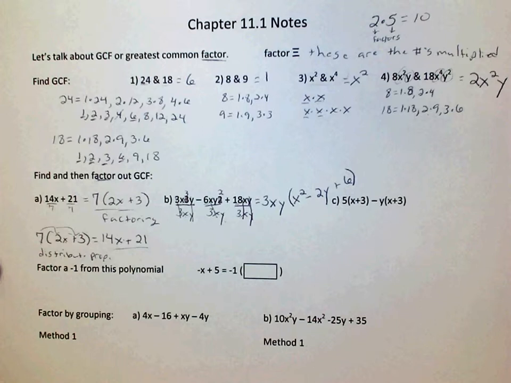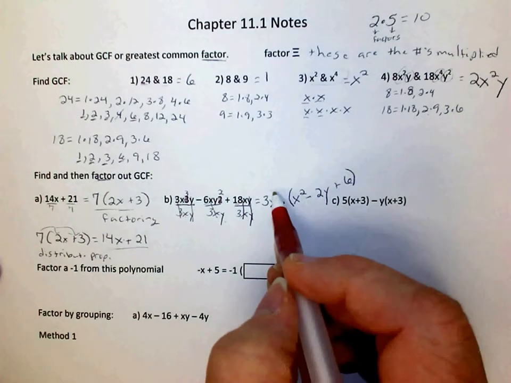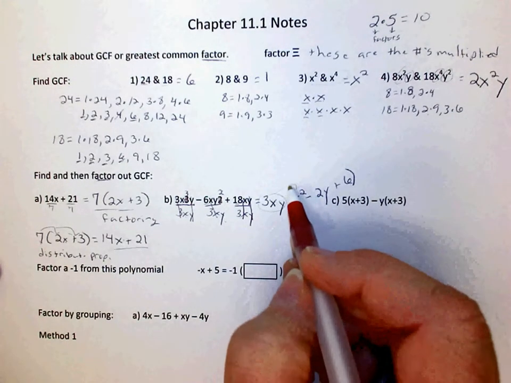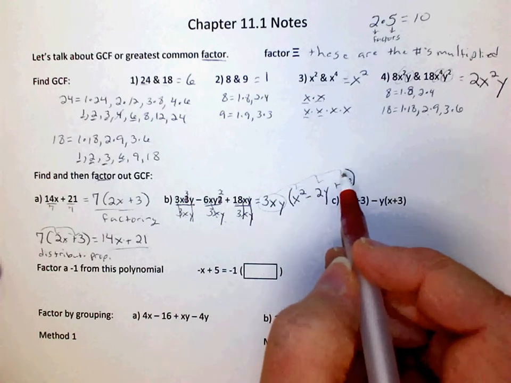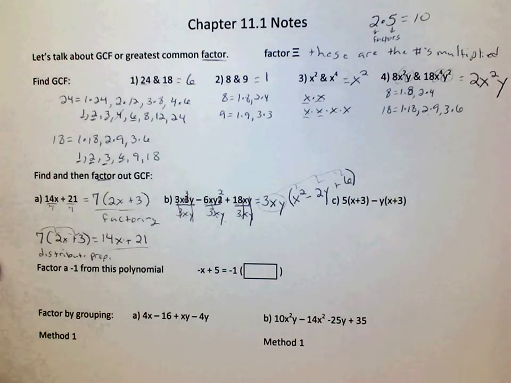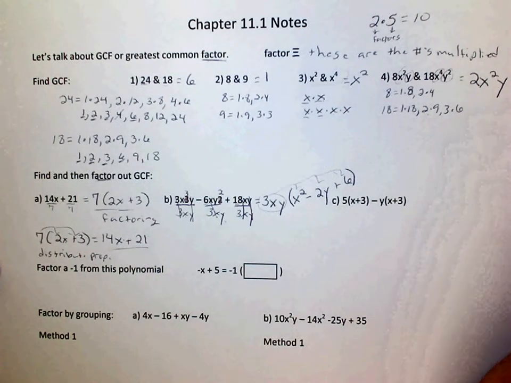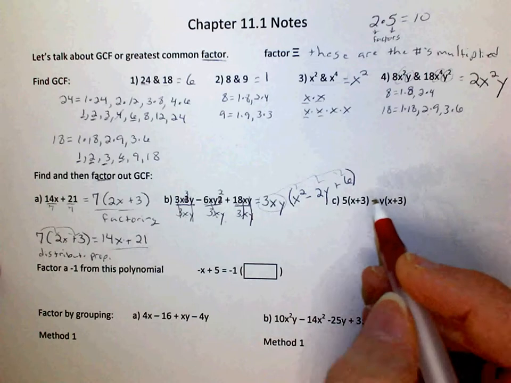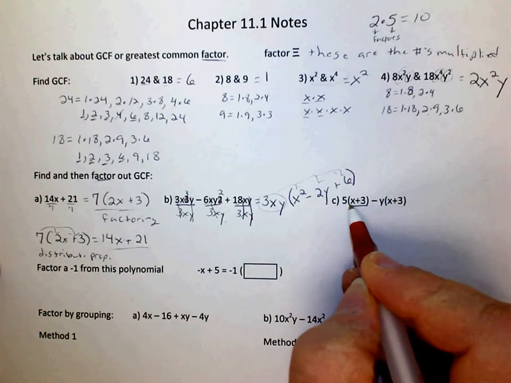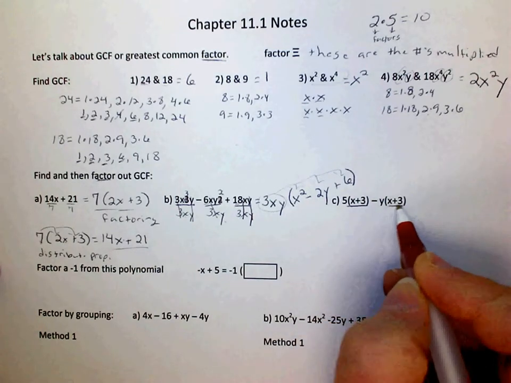And if you multiplied this back out, you could check and see if you did it correctly. Alright? Now we're going to take the distributive property just a step further. Instead of just a number, we've got an expression that's the same.